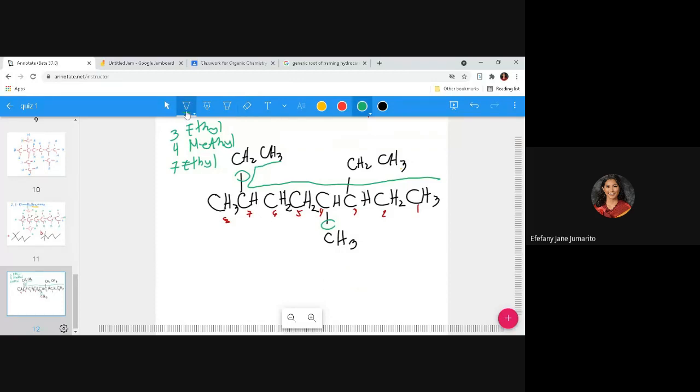That one, non. Okay, since this is alkane, single bond, and what about the substituents? Unsa class?